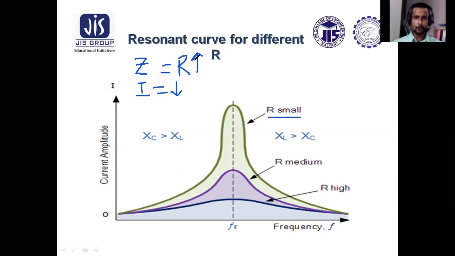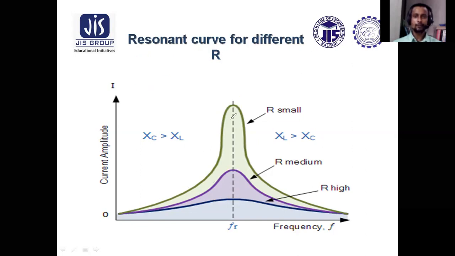If R is small, then I will be large. If R is medium, this will be the maximum current at resonance. For high R, the current will be lesser. So the resonance curve becomes sharper with small resistance.